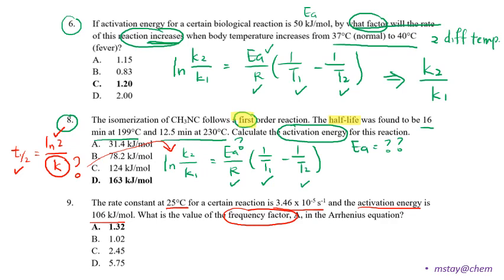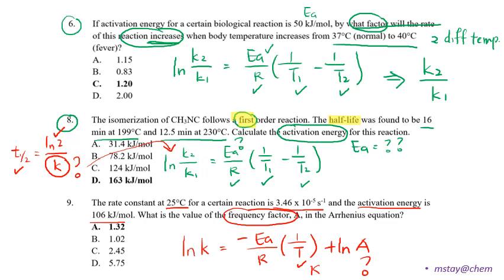So that's why we are going to use another formula, the linear formula, ln K equal to negative EA over R, 1 over T, plus ln A. So ln A is the question mark. Temperature is given; again, remember to convert to Kelvin.